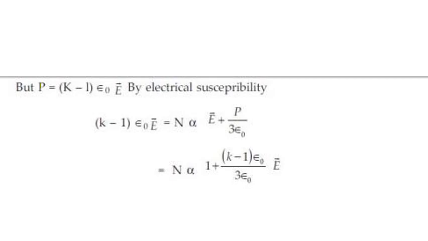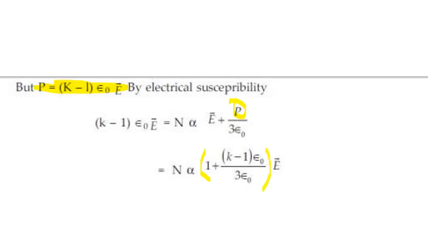Then this can be put in the equation in place of this P. If we put this here, then this will be K minus 1 epsilon 0 E. And since E is on both sides now, you can simplify this.